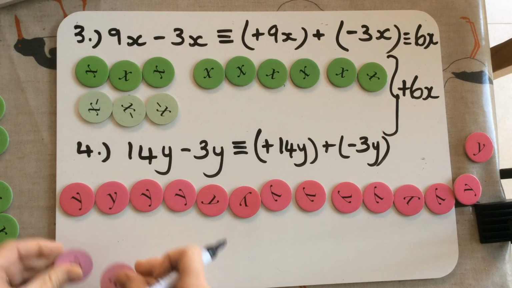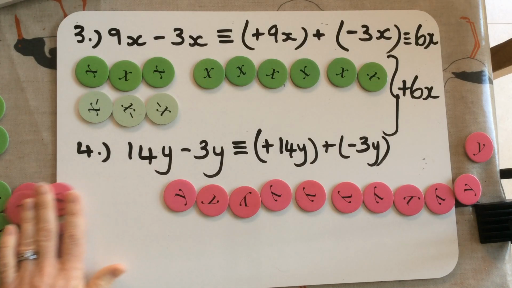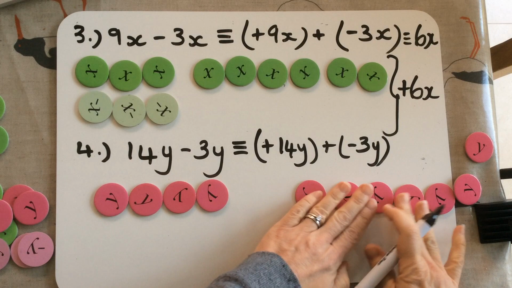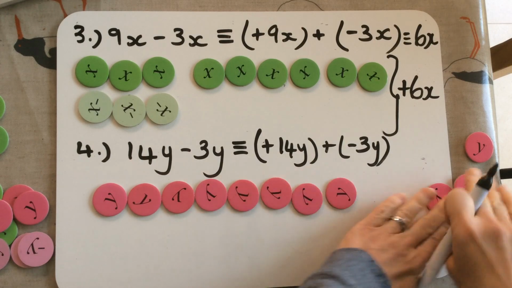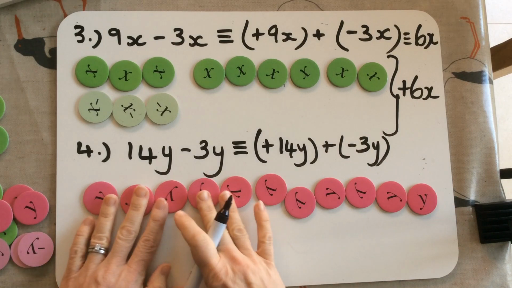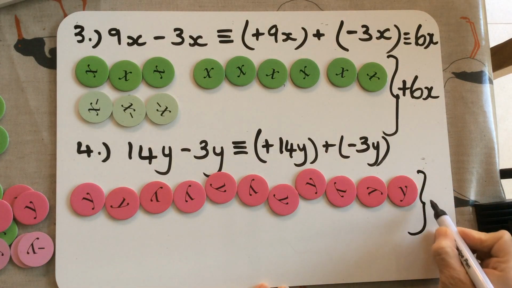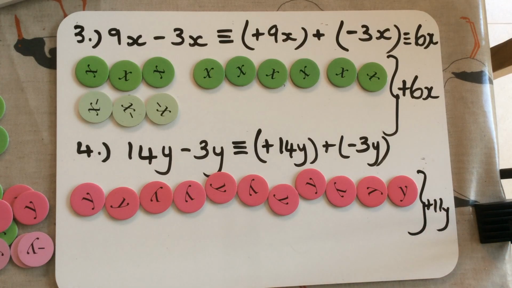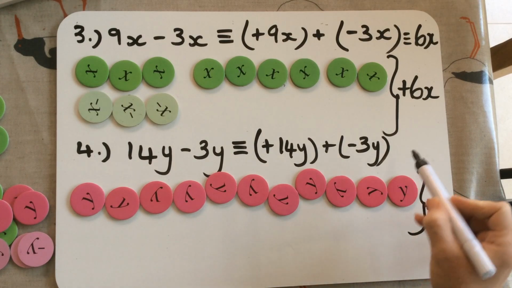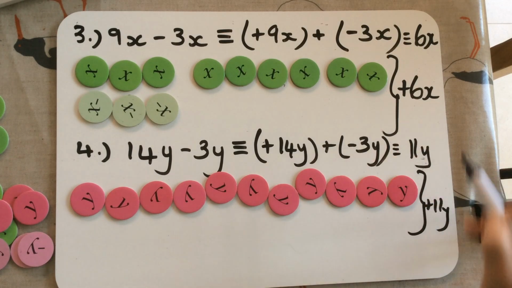And then I need to add to that my second row, negative 3y. Look for zero pairs, and there are 3 of those. So those are 0. And then I can move across so that you can see the rest of them. And I have got there a total of 11y. And that, of course, is a positive 11y. So 14y subtract 3y is identical to 11y.